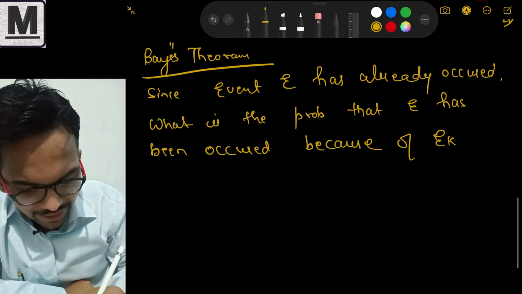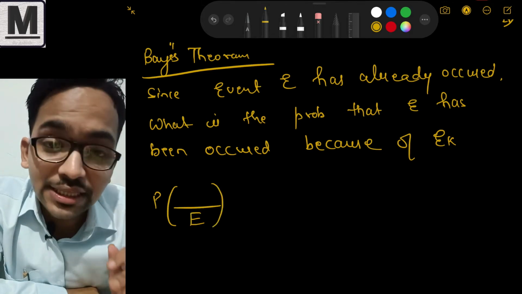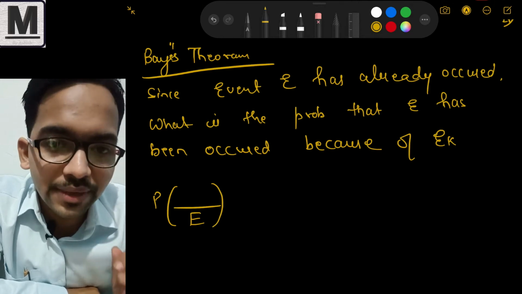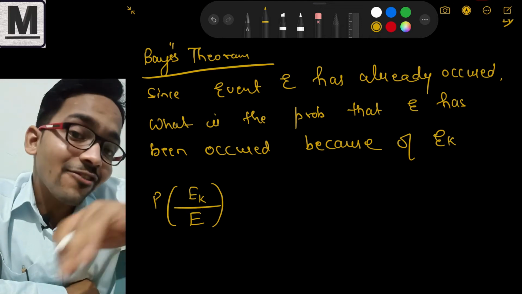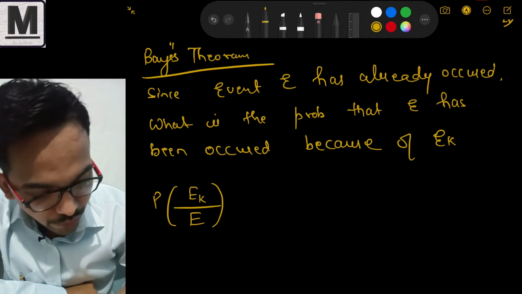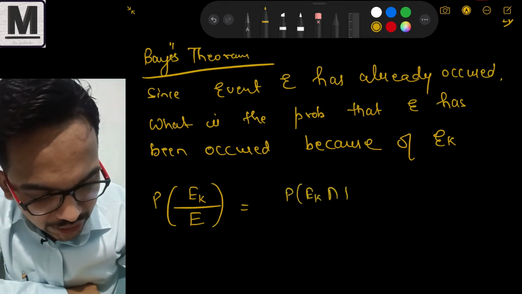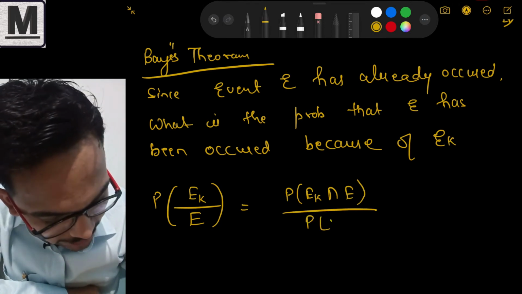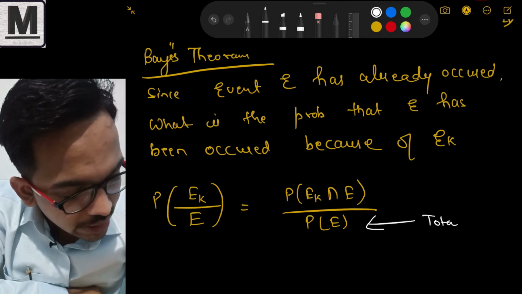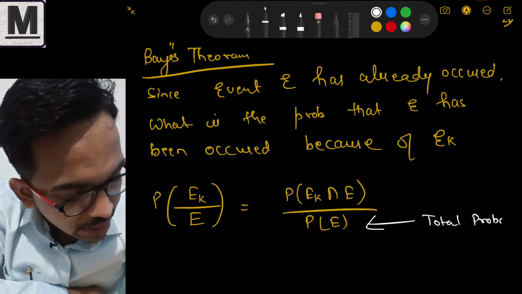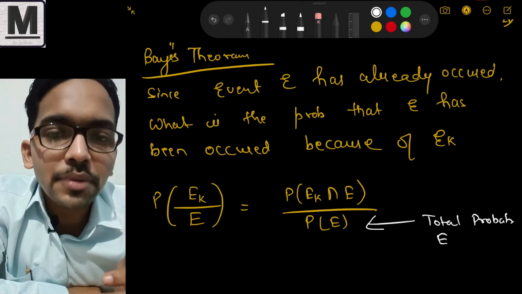So what have we been given? We have been given that event E has already occurred, guys. Now what is the probability that Ek must have occurred, due to which event E occurred? You might know that it would be equal to the probability of Ek intersection E upon the probability of E. This probability of E is the total probability of E taken from the total probability theorem.